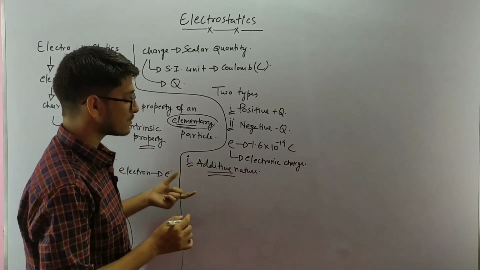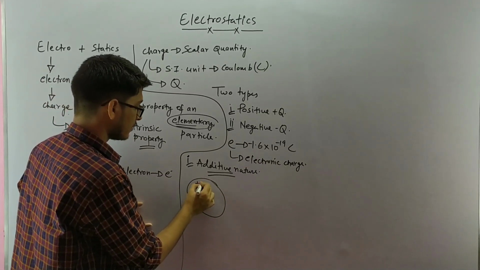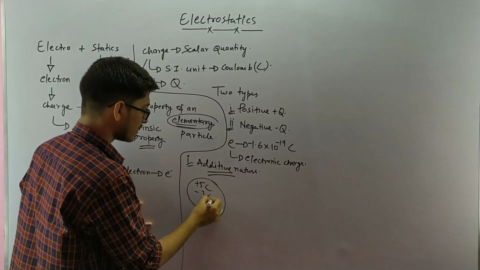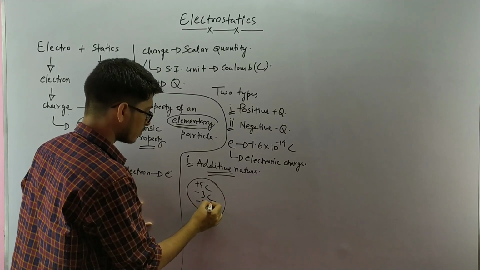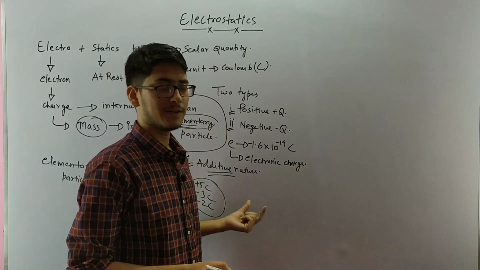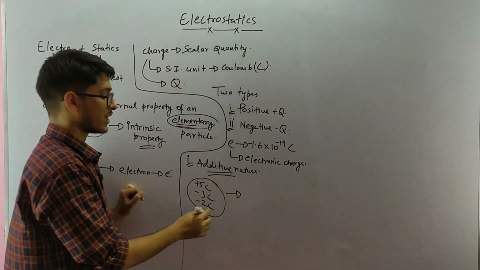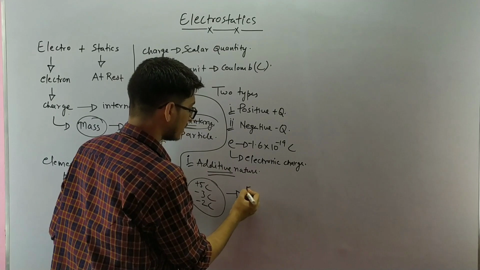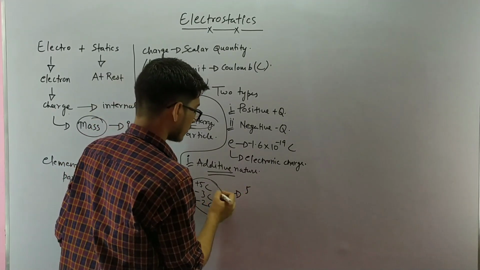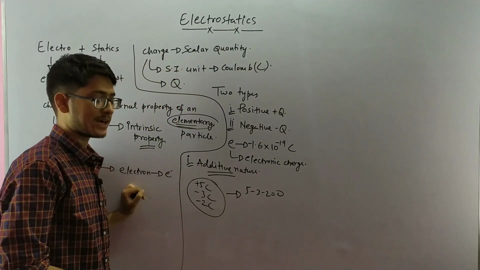We will understand this with the help of an example. Let us consider a body having three charges, 5 coulomb, -3 coulomb and -2 coulomb, and we have to find the net charge content of this body. In order to find the net charge, we just add all these charges numerically with their signs, so +5, -3, -2. The net charge is 0 coulomb inside this body.